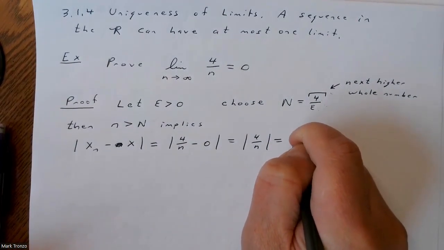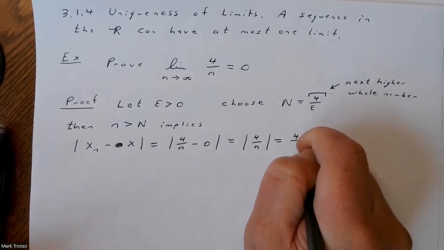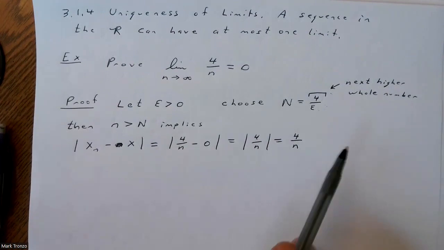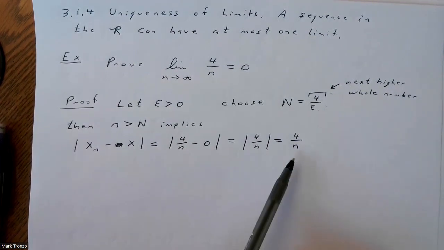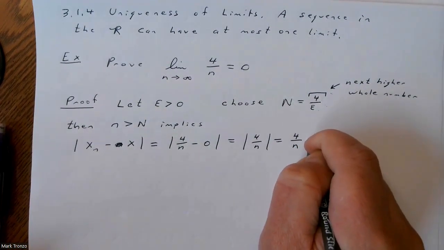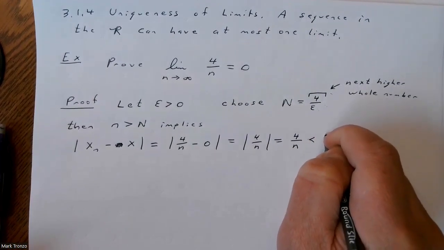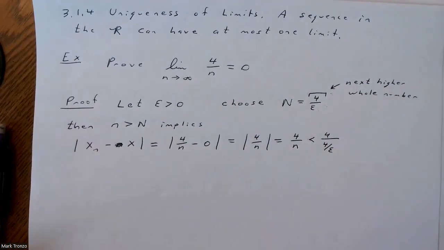And this is going to be 4 over n. And now since n is greater than capital N, and n is in the denominator, that means it's going to be less than 4 over the capital N, which was 4 over epsilon.